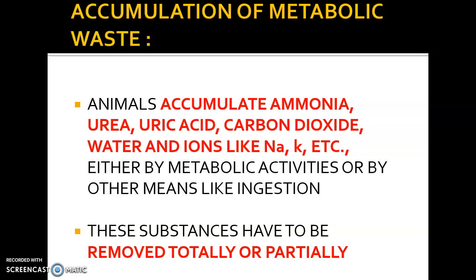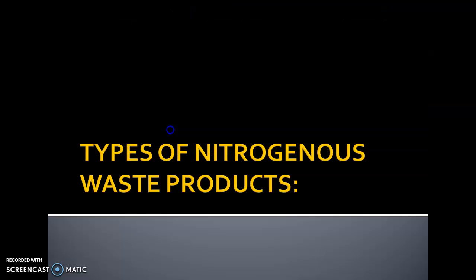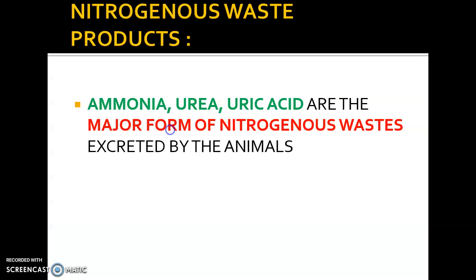If we observe these nitrogenous wastes, either there is a need to remove them totally or they need to be removed partially. As you can see, ammonia, urea and uric acid all contain nitrogen, so they are nitrogenous waste products excreted by the animals.